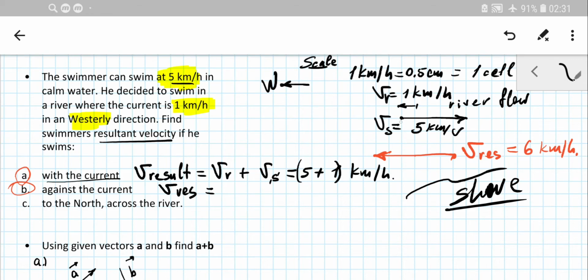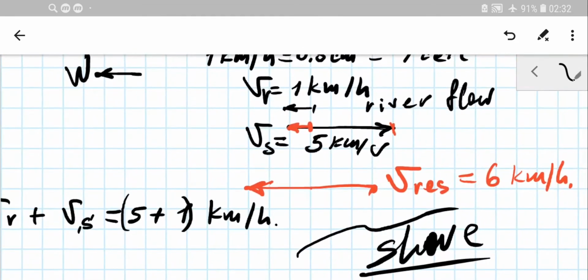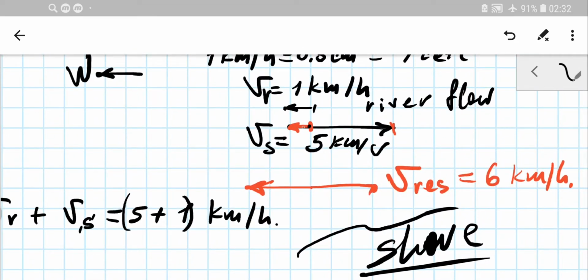In this case, if we add them, where's the vector that connects the starting point of the first vector, in this case that one, and the ending point of the swimmer vector? It's here, so I just put a dotted line. That's the starting point of the velocity of the river, and the ending point here.